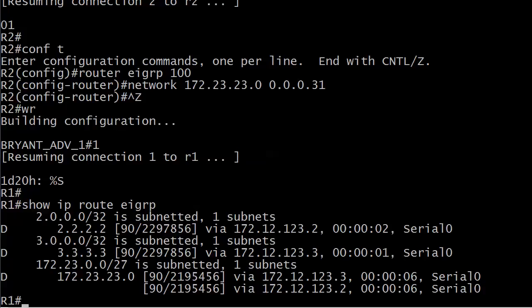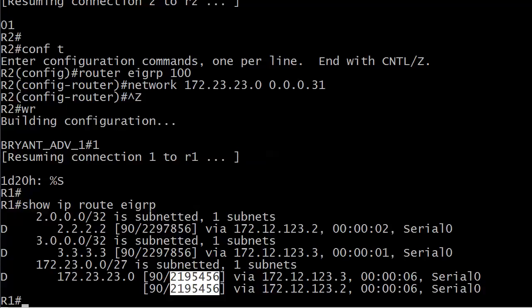Router 3, we have 1 entry for router 3's loopback, and the next hop is .3, but we have 2 entries for the Ethernet segment. That's a little interesting. Well, the reason that we saw in the previous discussions is that this metric is exactly the same. Remember, the first number in the brackets here in the routing table is going to be the administrative distance, and the second number is going to be the metric for that route.